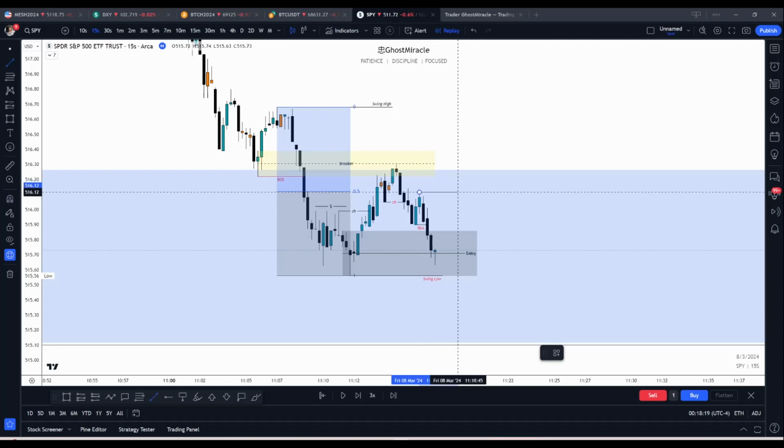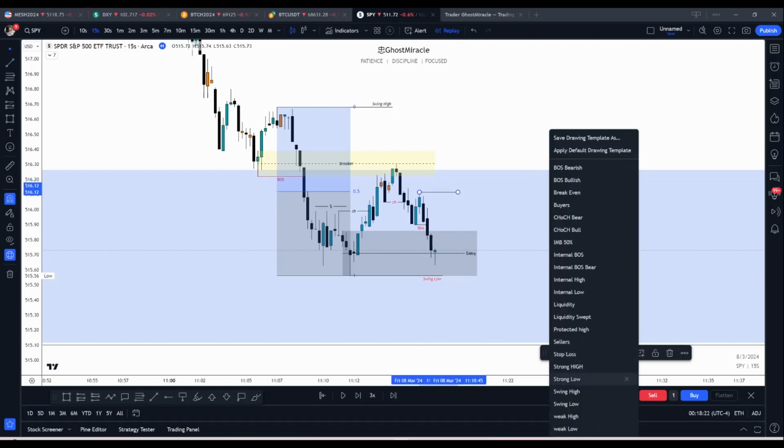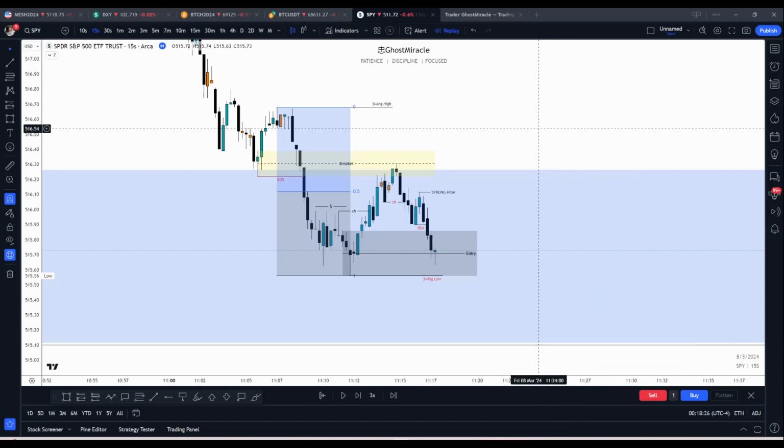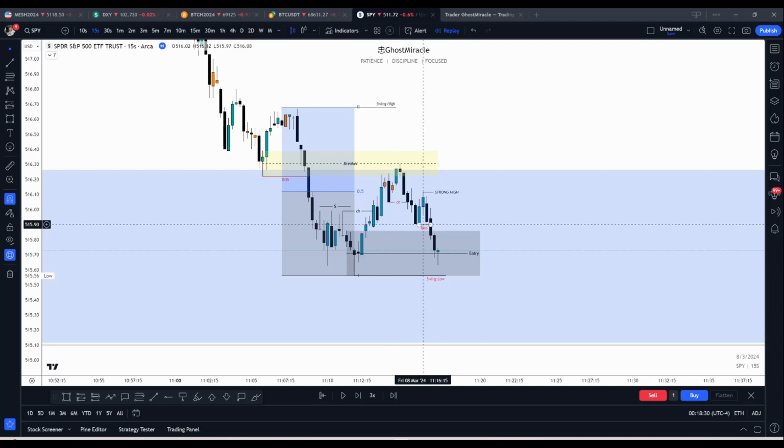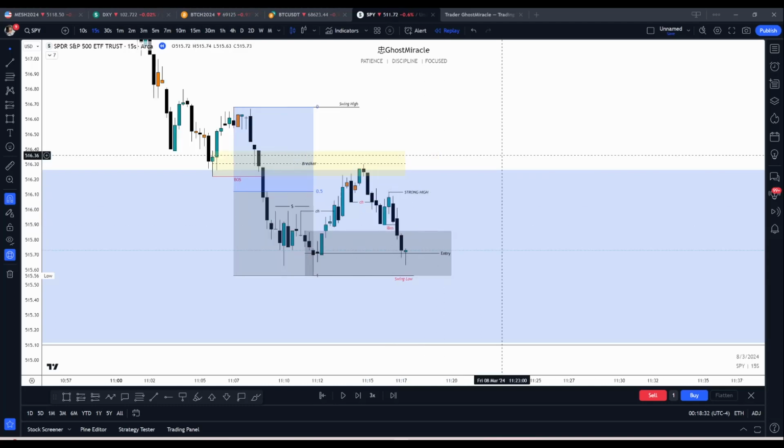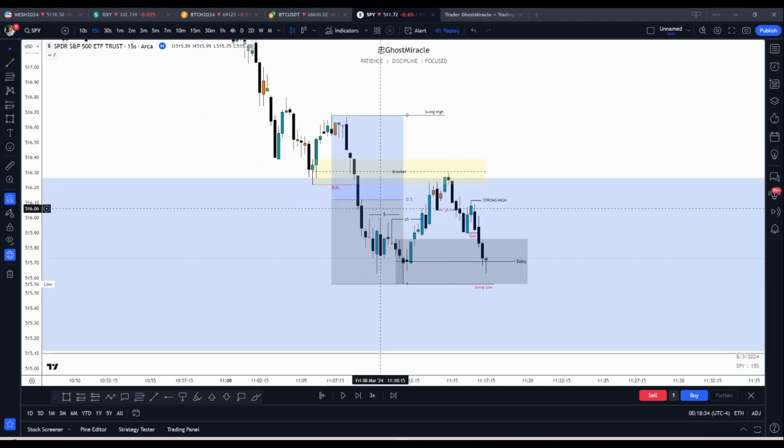So you got another internal break there, making this a technically protected high or a strong high, if you will, because this is protected by this internal break here. And once again, this low didn't break the high that created it.